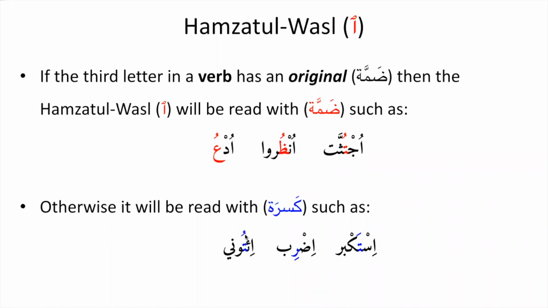Yes, but this dhamma is not original. Because you need to know Arabic, and you need to know that originally this word is itiyuni. So I see the ta originally has a kasra on it, but because of what we call illa sarfiyya, for a sarf reason, the ya disappeared and the ta took its harakah. So this dhamma is not original. As a result, I start the word with kasra.